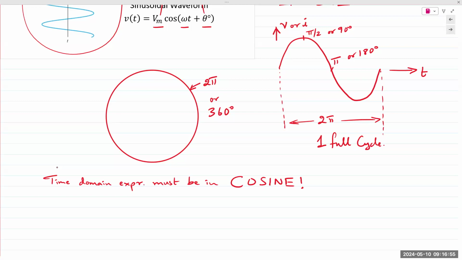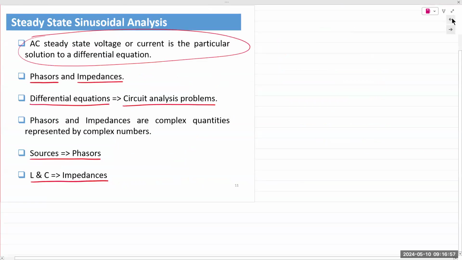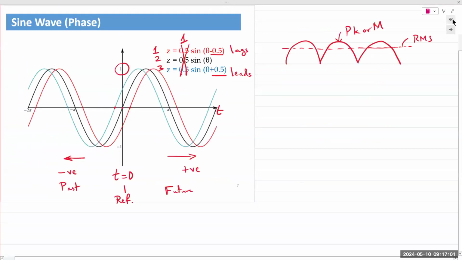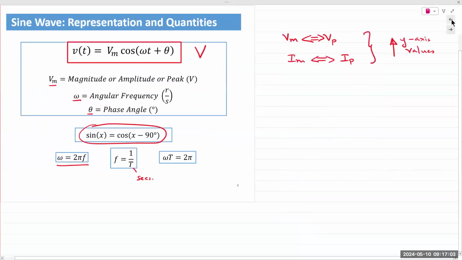And hence, I had that equation in the previous slides. Where'd it go? There it is. Sine x is cos of x minus 90. Okay, so if the expression is in sine, you convert it into cosine first, and then you do the phasor transform.